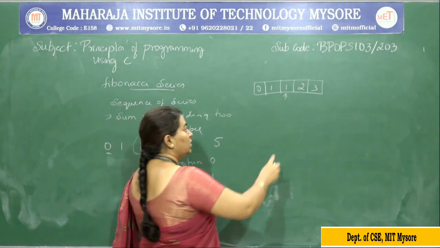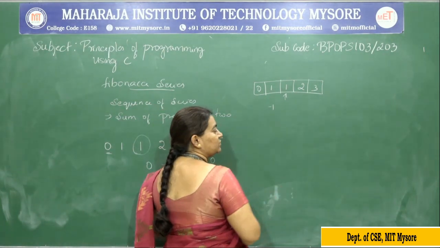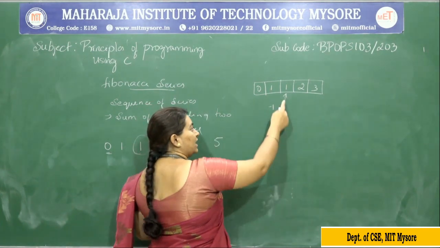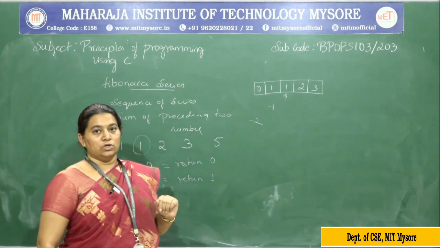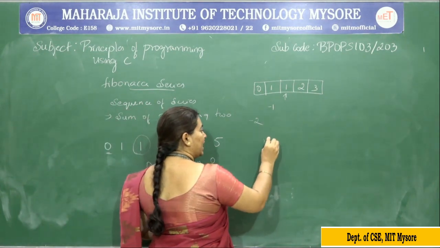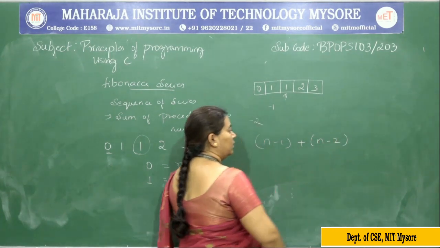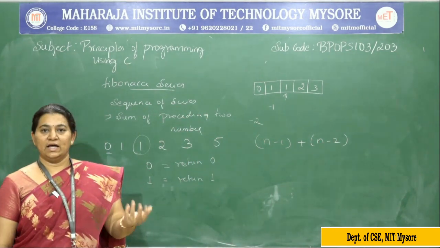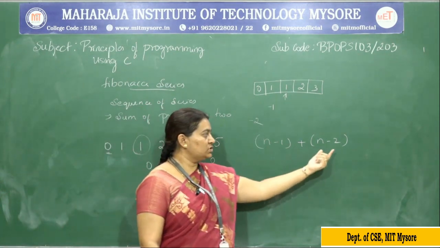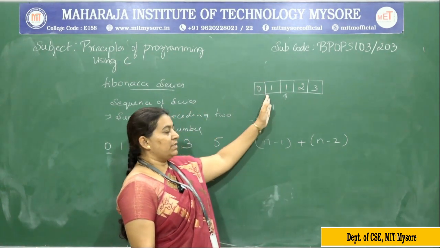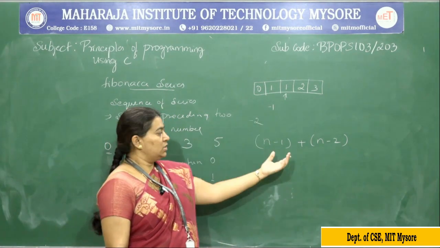To get the next preceding number, I minus 1, and to get this number, I minus 2. So it is nothing but adding n minus 1 and n minus 2. To get this number, I use the place minus 1, and the next preceding one is minus 2 places.